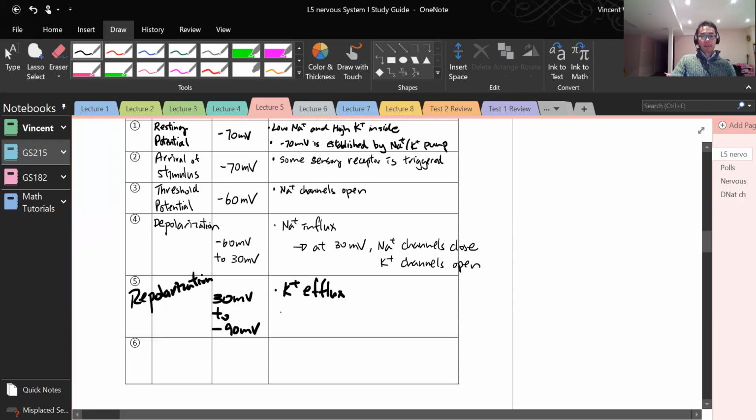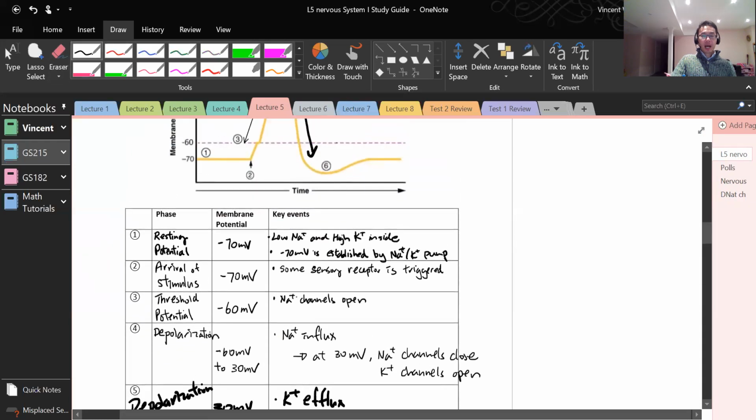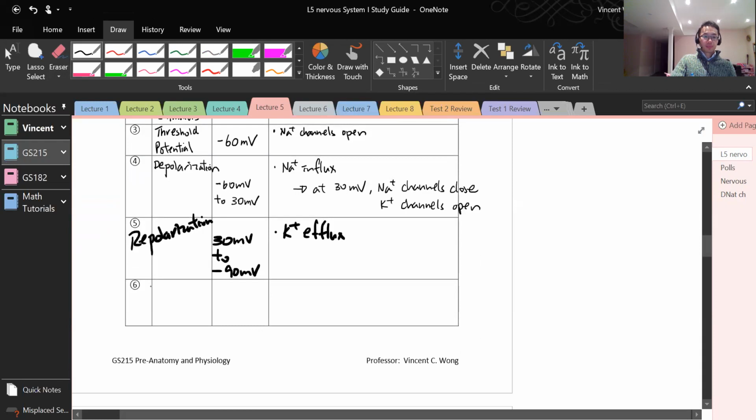And number 6 here is hyperpolarization, at minus 90.